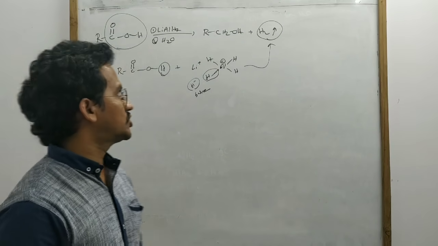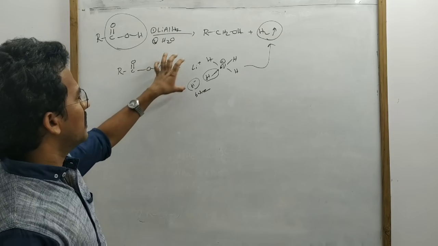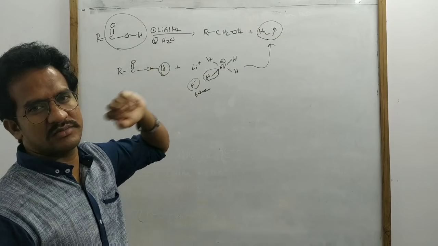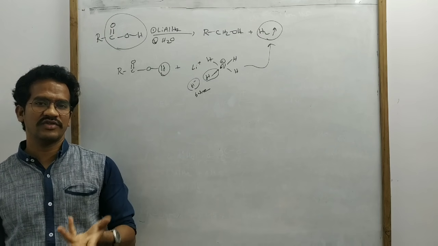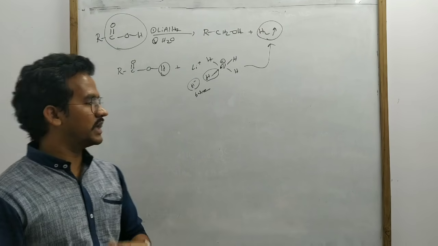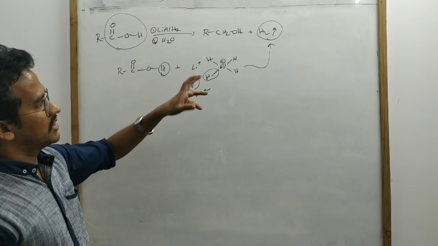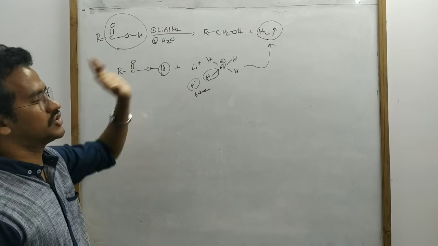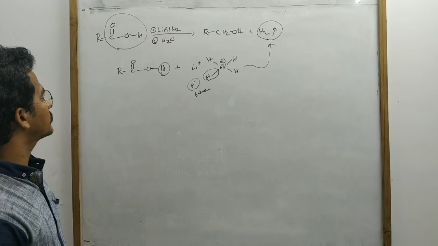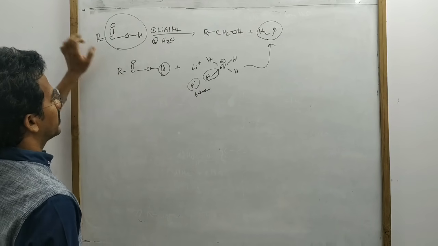That's why H2 gas is released in this case. But in the case of aldehydes, ketones, acid halides, and esters, there is no acidic hydrogen, so in those reactions H2 gas is not released. But with the carboxylic acid, H2 gas is released. So it is a very important point.